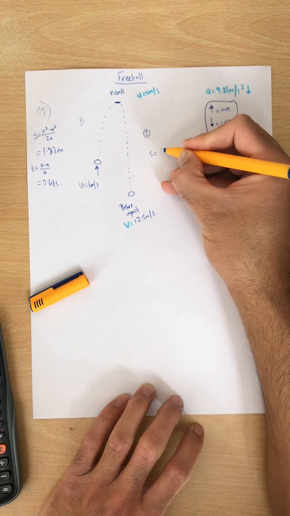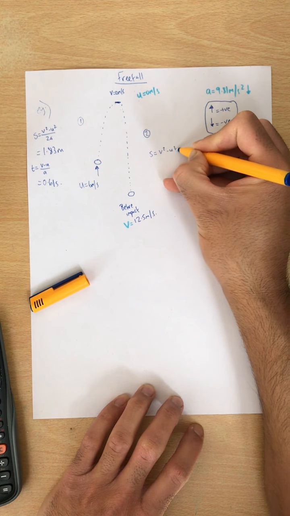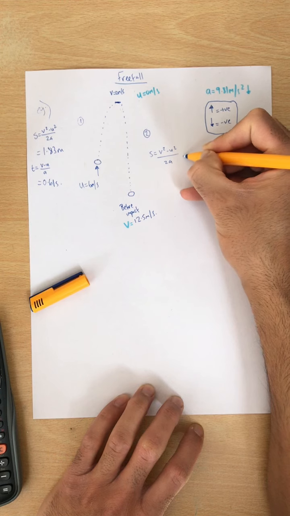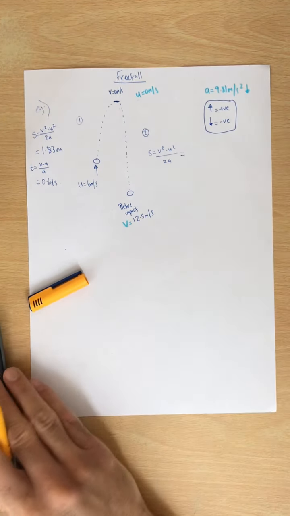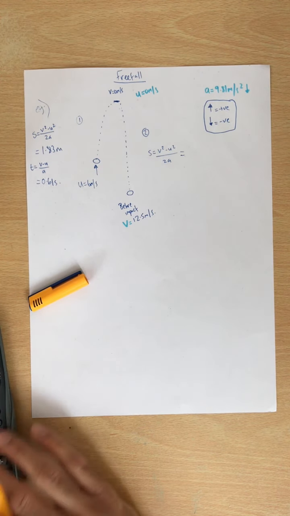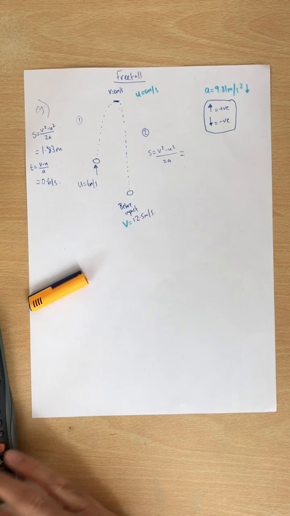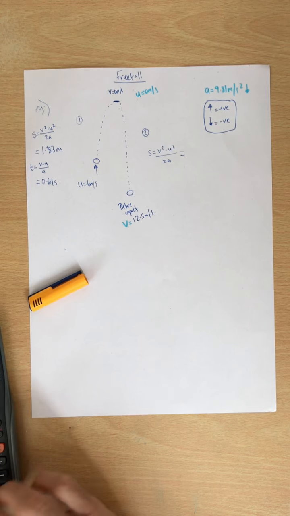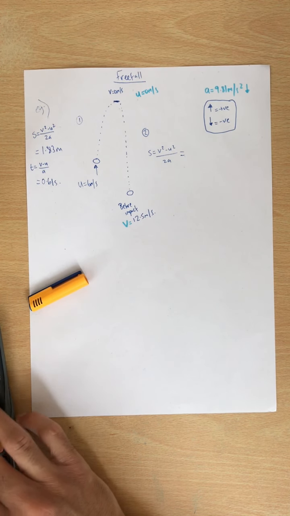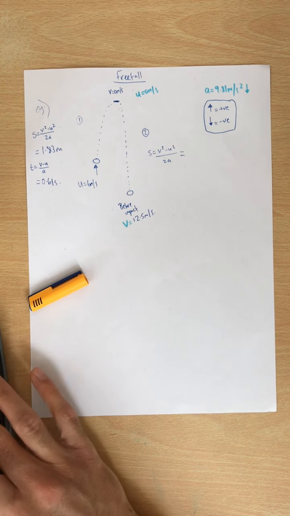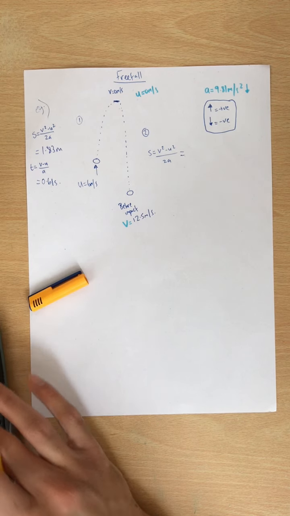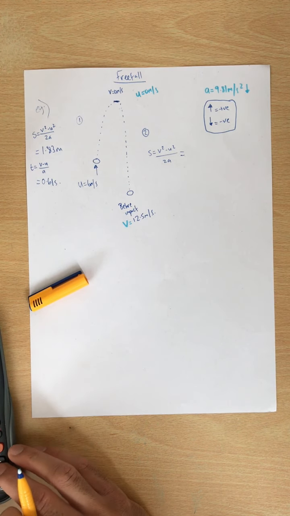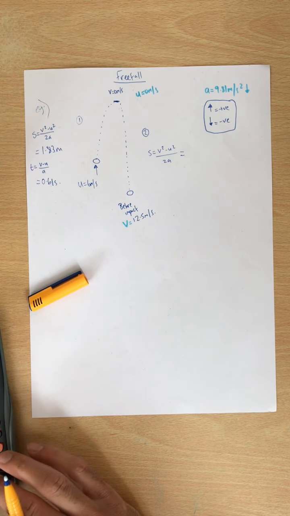So s is equal to v squared minus u squared all over 2 times a. For this one, v is minus 12.5, because it's heading downwards. So minus 12.5 squared, minus 0 squared, I forgot the square bit on that one, divided by 2 times a negative 9.81.